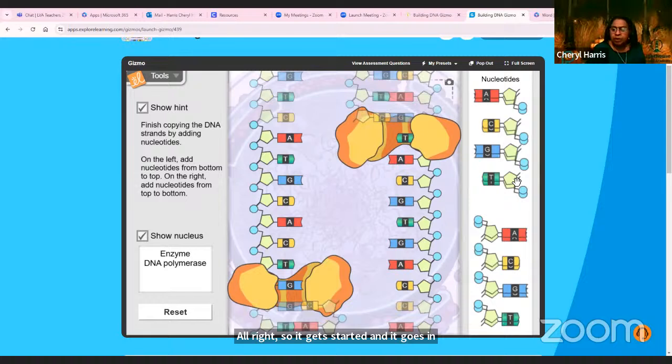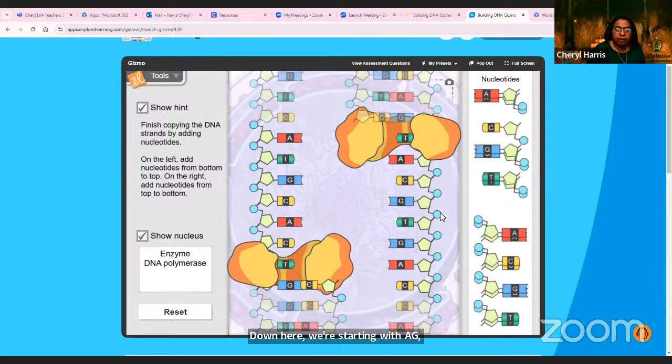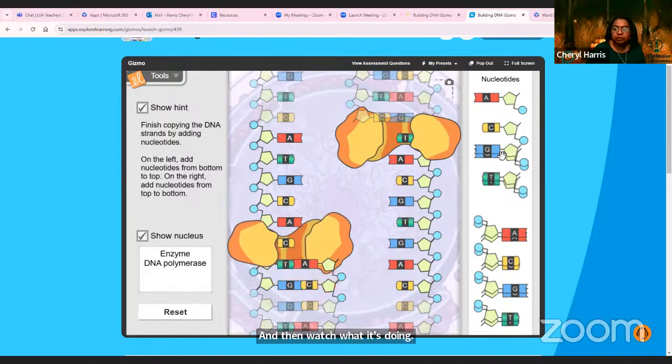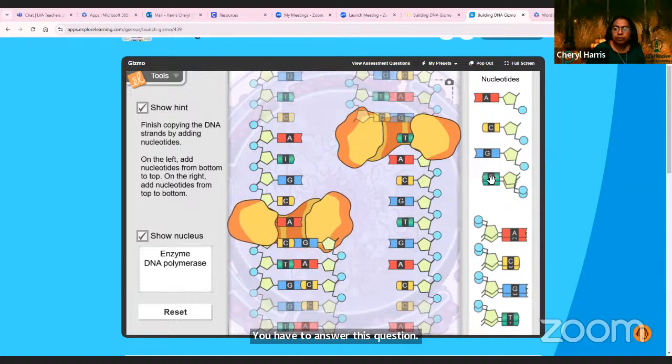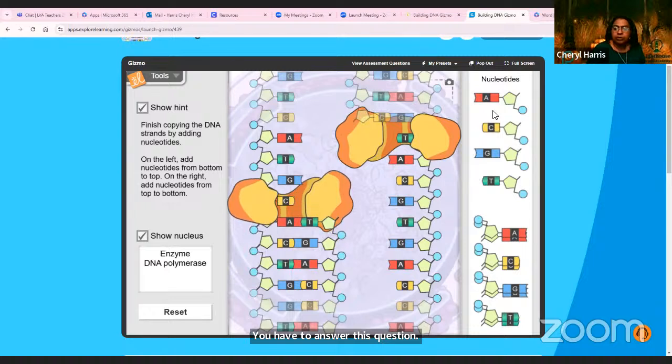All right, so down here we're starting with a G, so I need to find a C. And then watch what it's doing. You have to answer this question. So how many polymerases do you see?